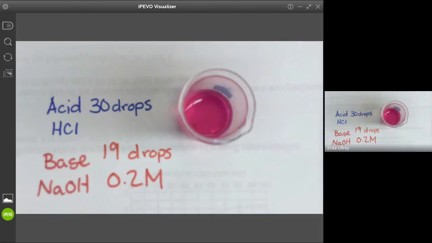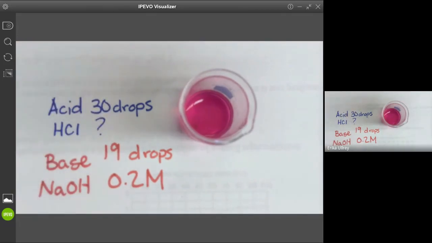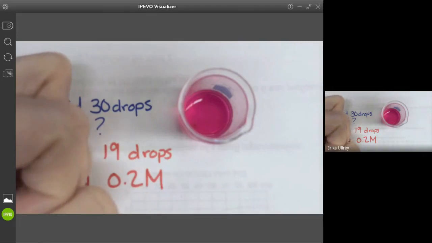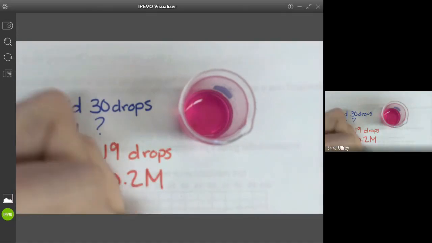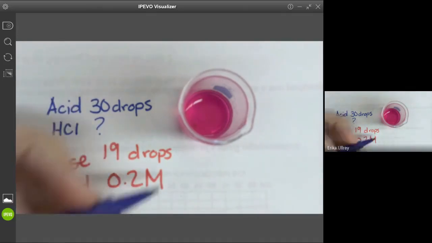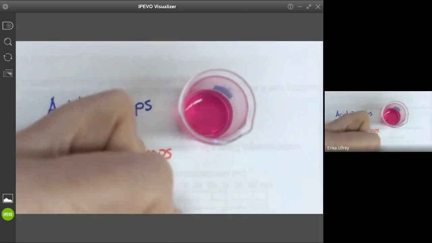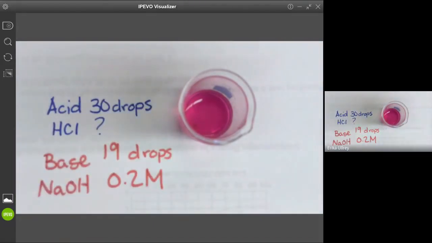So we could actually use this to figure out what our concentration of the HCl was. Okay. So what we can do here is we have our volume in drops. So 30 drops. If we multiply that by our molarity of our acid, we can set that equal to, oh, yep, thank you.